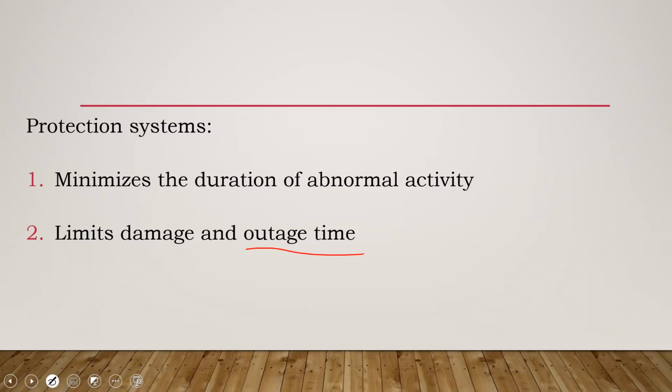Then the problem is solved, at least temporarily, but you would have reduced the outage time. So again, I know I'm spending a lot of time on this, but it is important that you appreciate this. The critical feature associated with the protection system is to isolate quickly, which reduces damage, reduces outage time. All right?